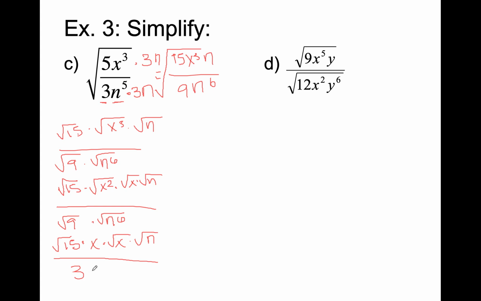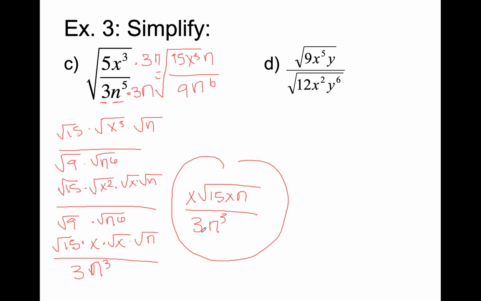Radical n to the 6th is just n to the 3rd. Last step, I'm just going to rearrange it. In my numerator, I have an x up front times radical 15xn. We write that all in the same radical, all over 3n cubed. One final check, make sure I'm in simplest form. I am. Here's my final answer.